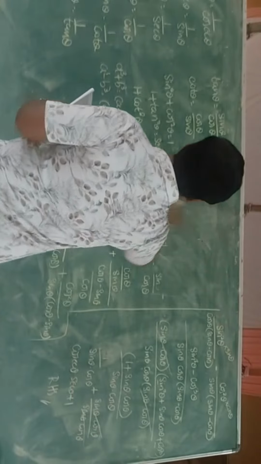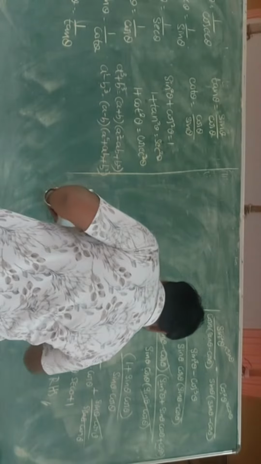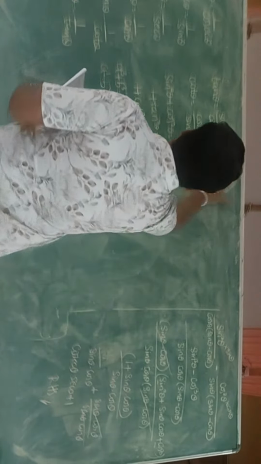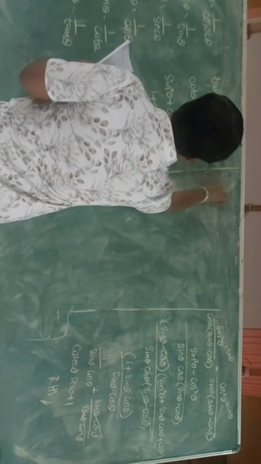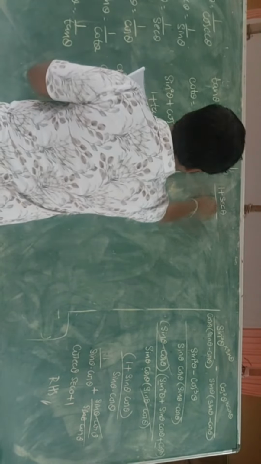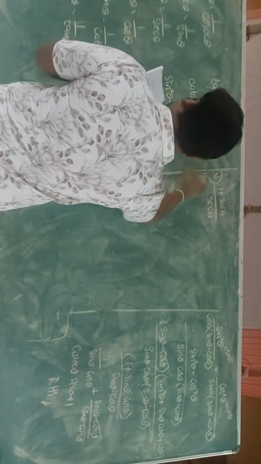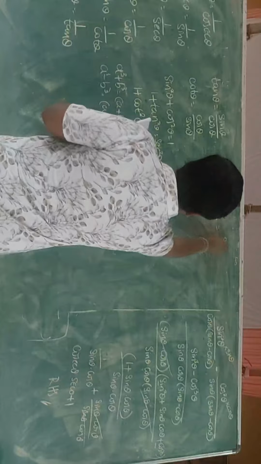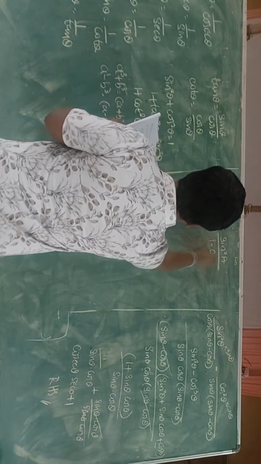Fourth one, 1 plus sec a divided by sec a is equal to sin square a upon 1 minus cos a.